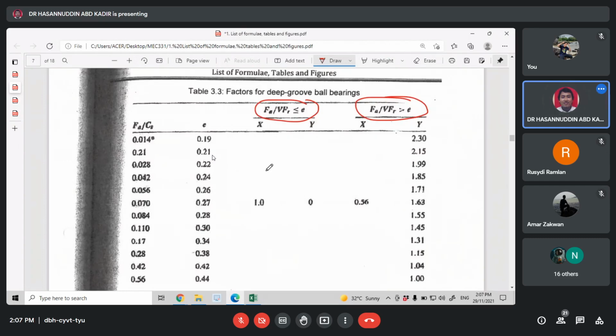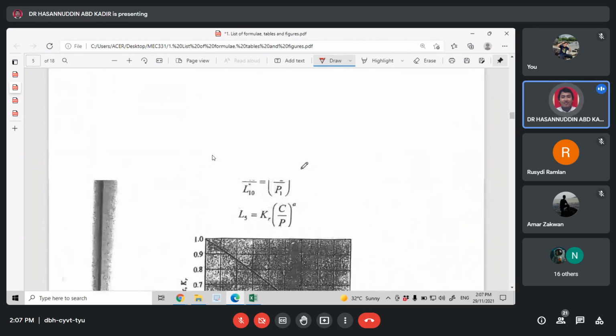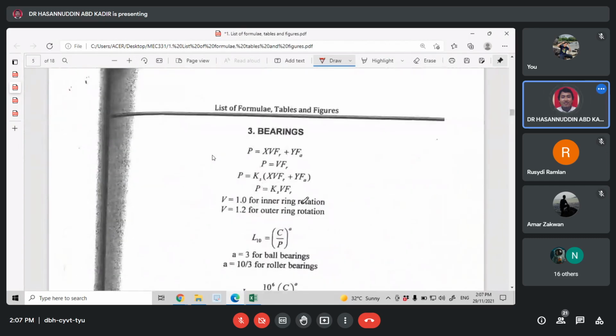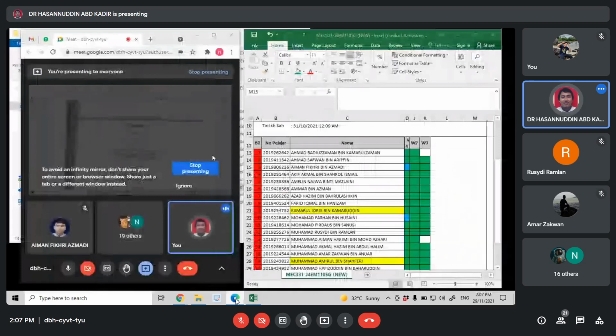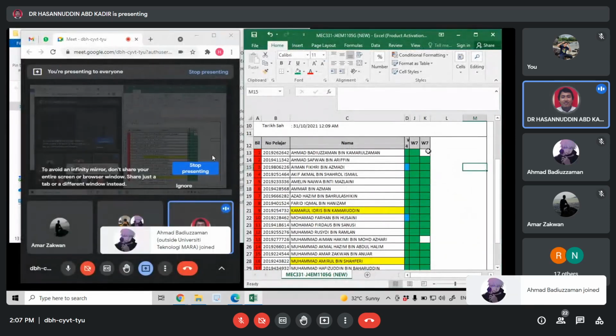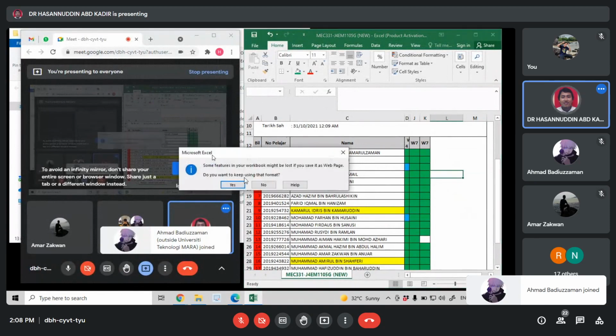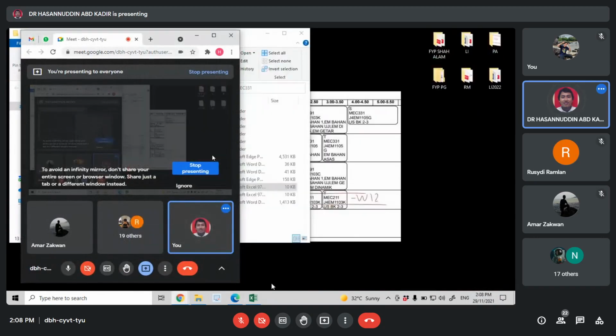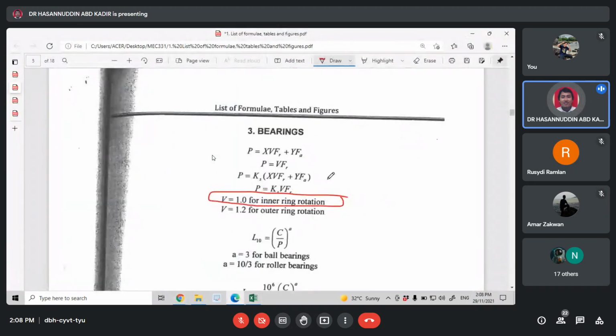They mention the inner ring rotates, so we get the value of V equal to 1.0. Because of the inner ring rotation, you can apply V as 1.0.